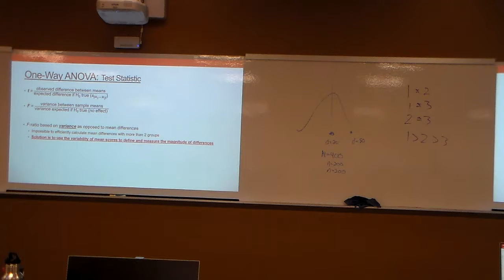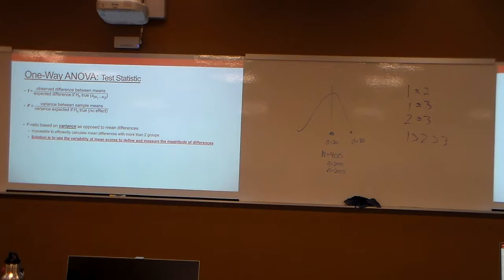Our F statistic is going to do basically the same thing, except now instead of looking at differences, we're going to be talking about variances. When we're thinking about variance within the context of ANOVA, anytime you hear variance, you should be thinking differences.